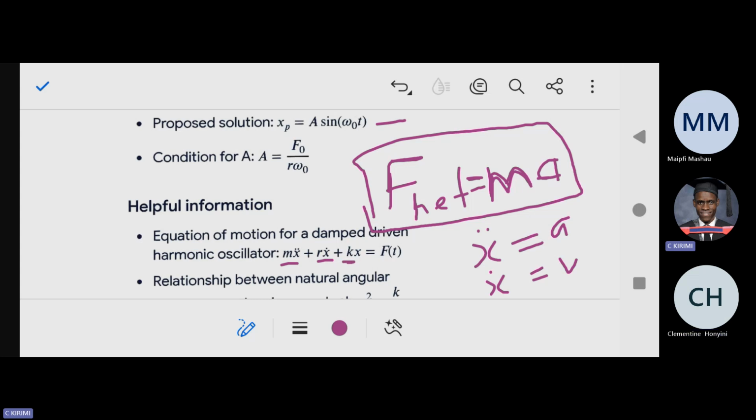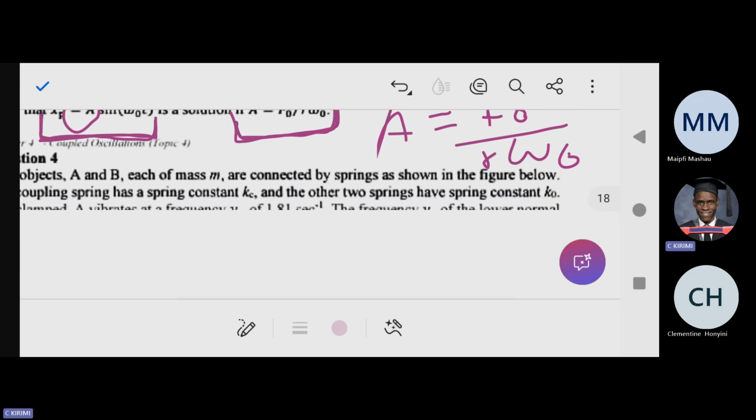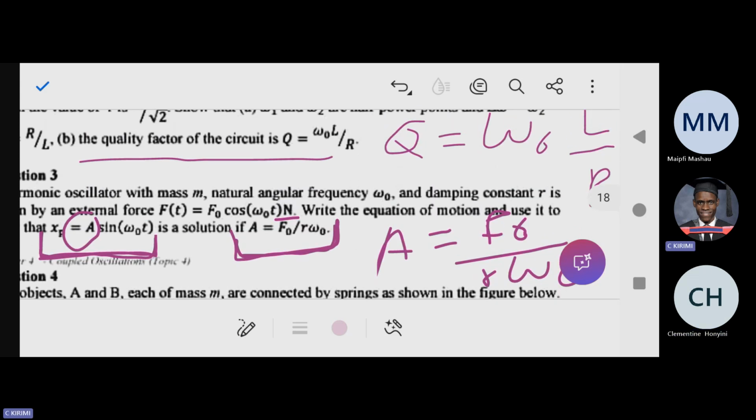Then the spring constant K. But we know that omega naught squared is equal to K over M. So this you must also know. The spring constant divided by the mass gives you the angular frequency squared. So this is F of t, which is the force we are given. F of t is F naught cos omega t.